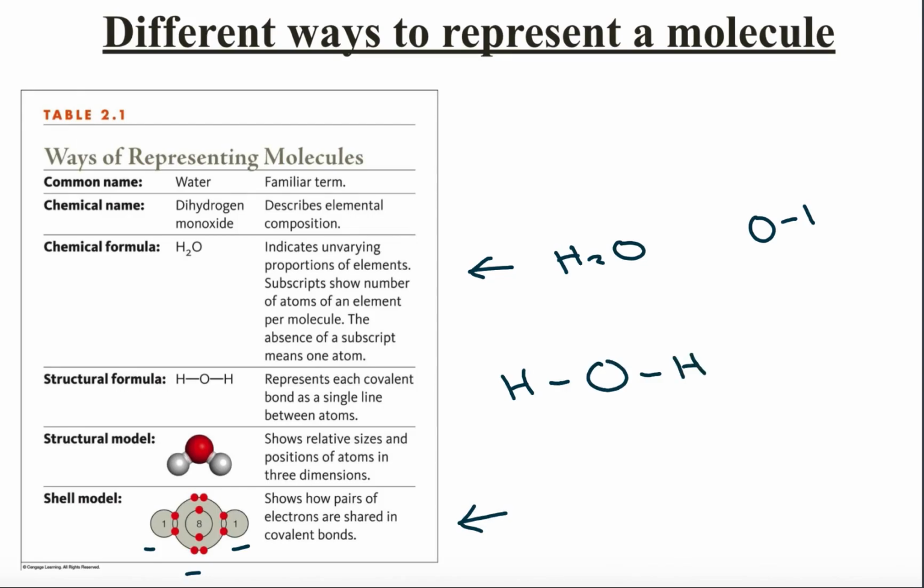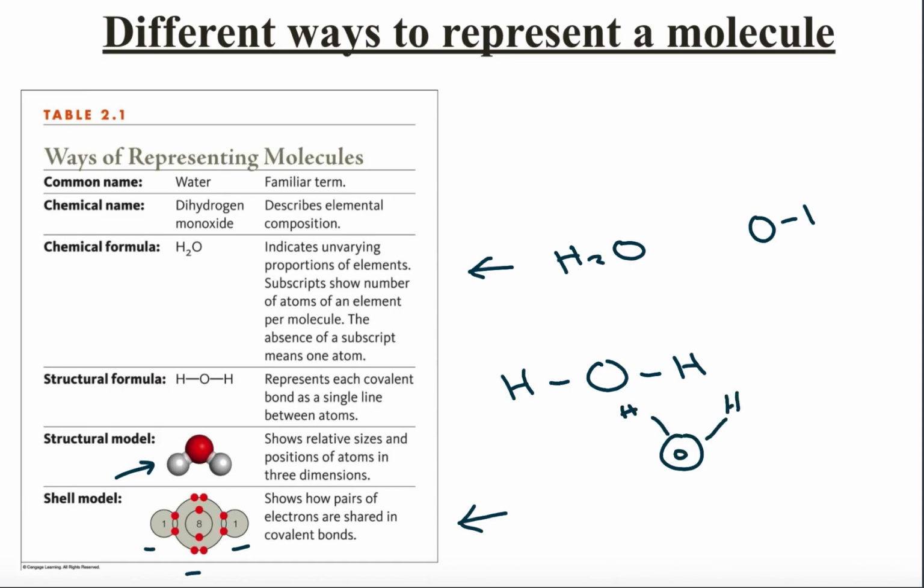Now, sometimes people will actually just draw the 3D picture that is more representative of the molecule itself, because the way the molecule shape ends up being formed is the 2 hydrogens are actually a little bit bent up and a little bit closer together with one another.